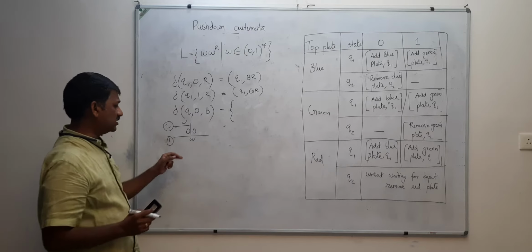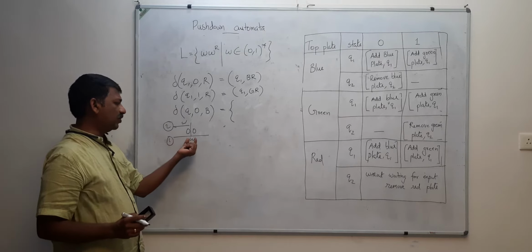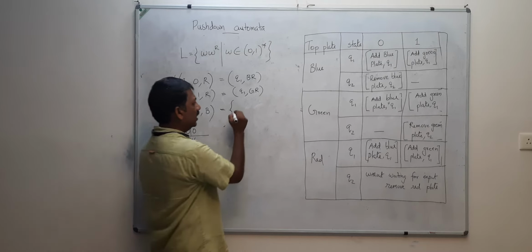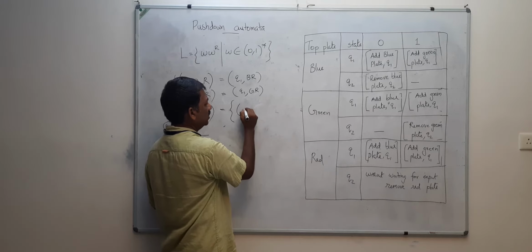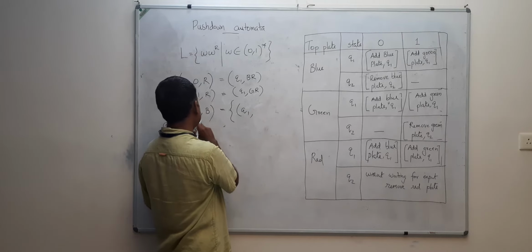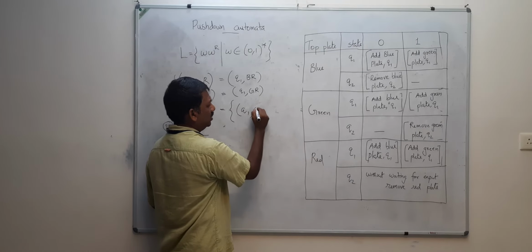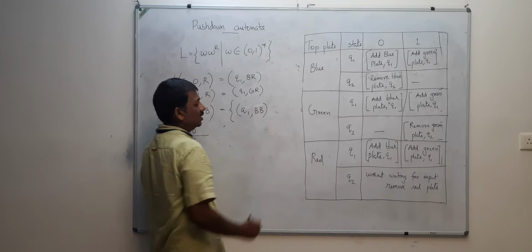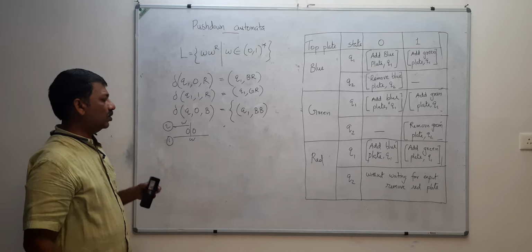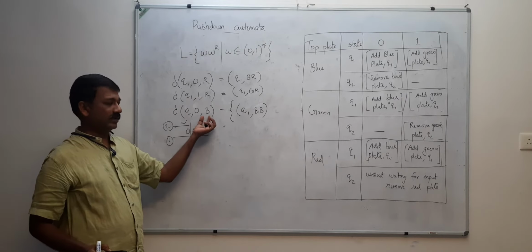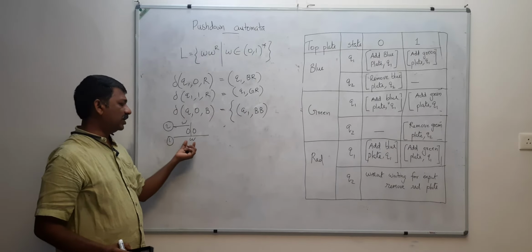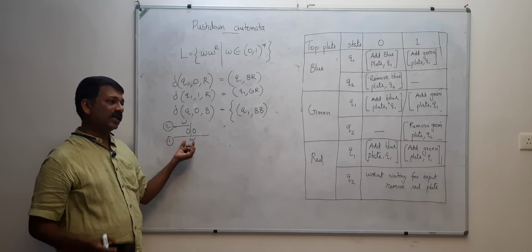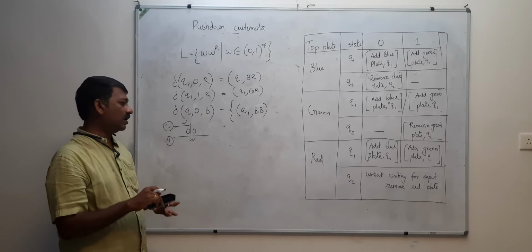In the first case, you are not expecting the end of W, so again you are going to push this, staying in the same state Q1, and you are pushing a blue plate. That means it is not the end of W.